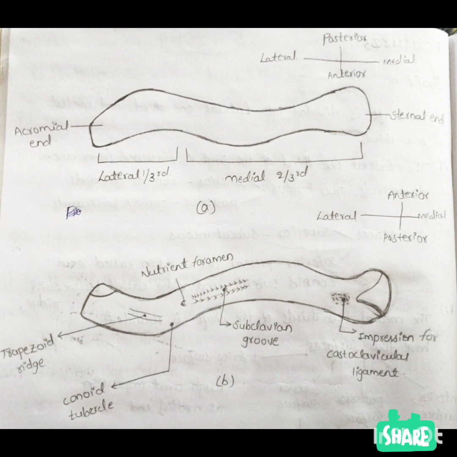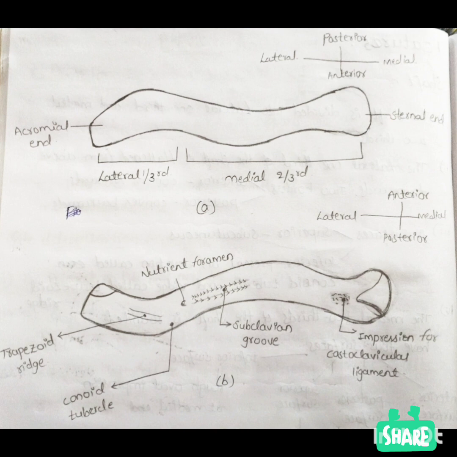And now, we have completed the side determination, peculiarities, features like shaft and lateral and medial end as shown in the figure. Now, attachments. First of all, we should know the attachments of the clavicle. There are two joints, acromioclavicular joint and sternoclavicular joint.